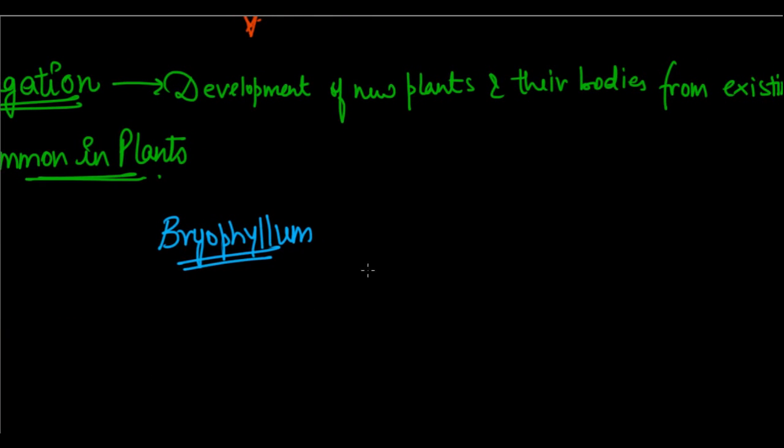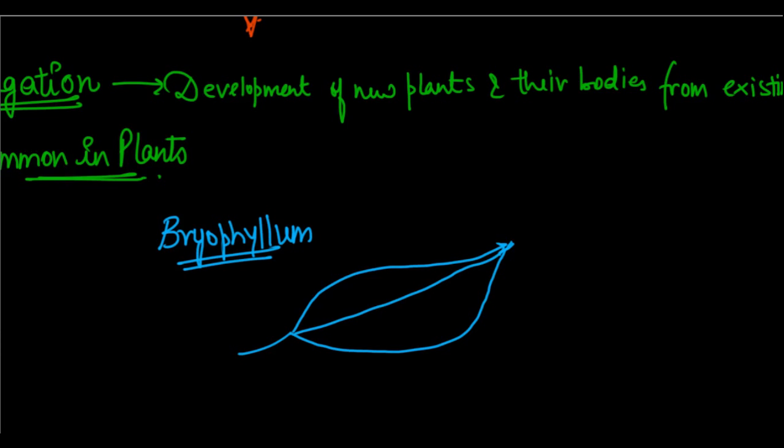If you look at its leaf, it is seen that on the tips of the leaves there are certain buds, and from these buds, it has been seen that new parts of the bryophyllum appear to grow.